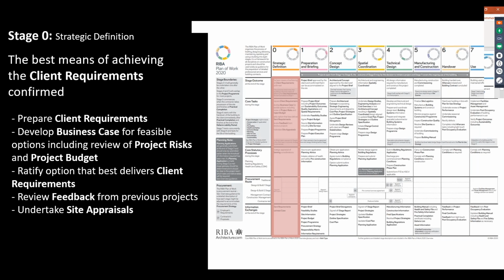And of course, what we're really saying is that at stage 0, things like the project budget and the project risks are absolutely crucial in framing at a strategic level whether a project should go ahead. A project with an incredibly high number of complex risks may obviously not be viable once those risks are assessed.